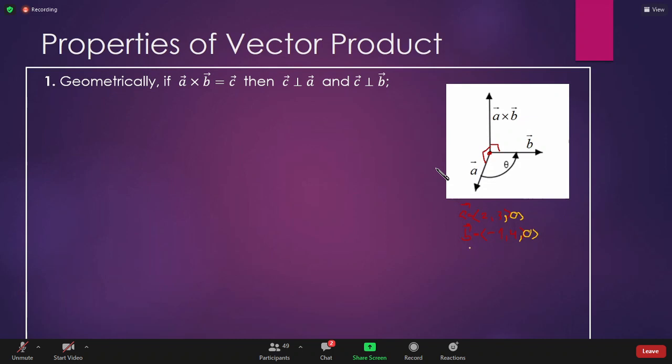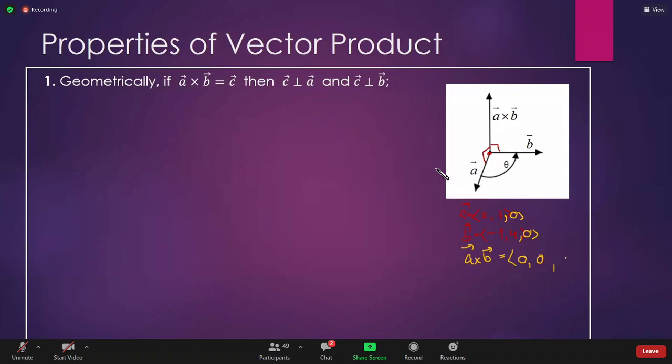If we just try this, then A times B, this is just an example. The first coordinate would be 3 times 0 minus 0 times 4, which is 0. That's interesting. The second coordinate would be minus 2 times 0 is 0, minus 1 times 0 is 0. It would still be 0 if you find the minors.